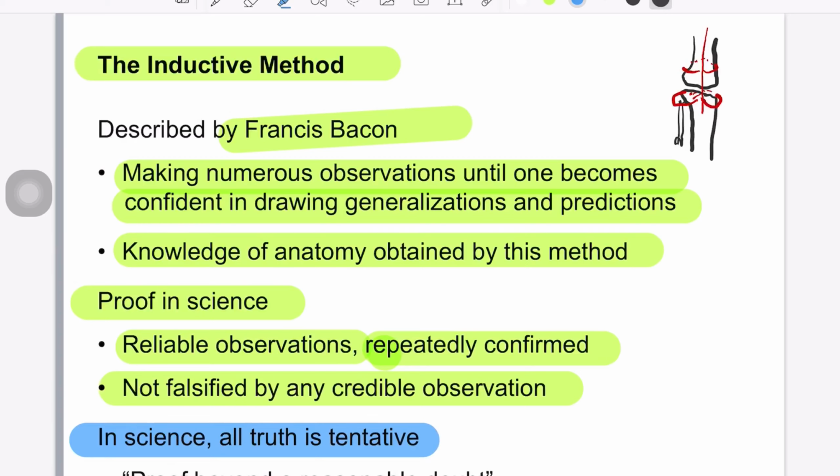Just think of the pandemic we're experiencing here in the fall of 2020: our knowledge of the virus and how it interacts with people has changed tremendously in just 6 months. So truth is always being updated, and we may not ever absolutely reach what we consider to be truth, but we get closer to it. Now, hopefully proof gets to the point where it's beyond reasonable doubt.